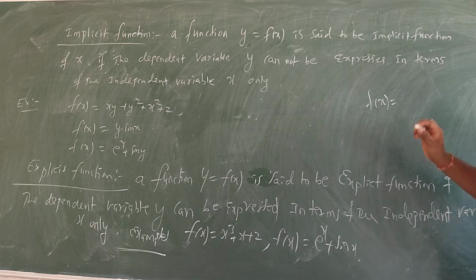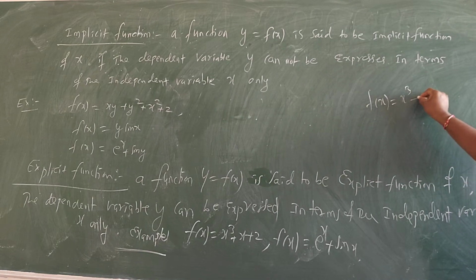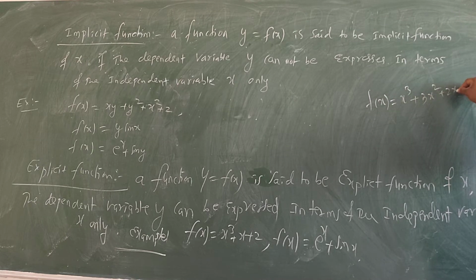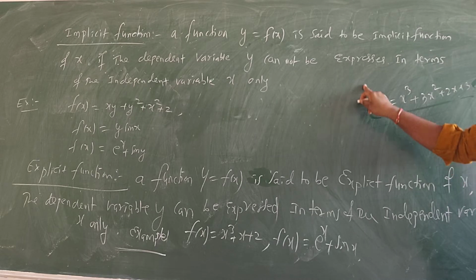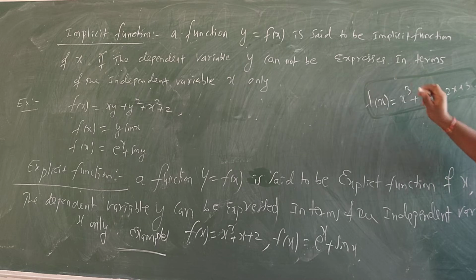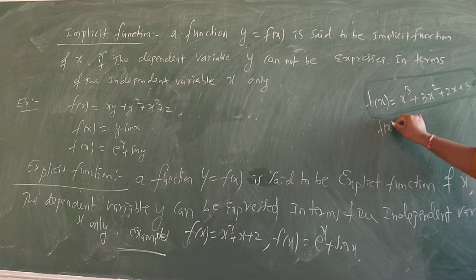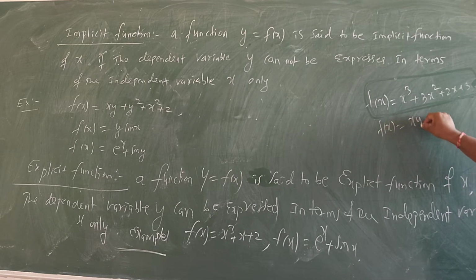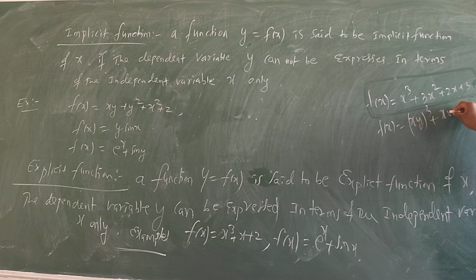Suppose I am writing f of x is equal to x cube plus 3x square plus 2x plus 3 plus something. This function is completely expressed in x. But see another function, f of x is equal to xy whole cube plus xy plus sin y plus ln x.